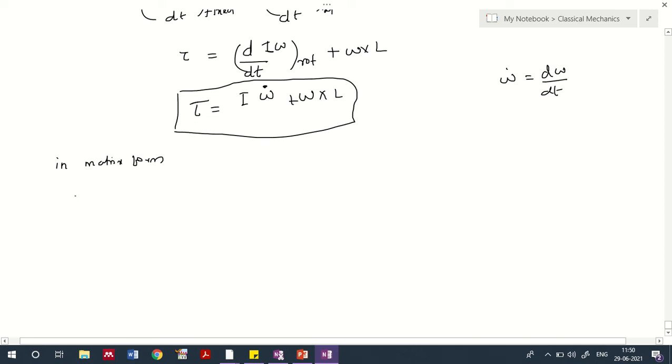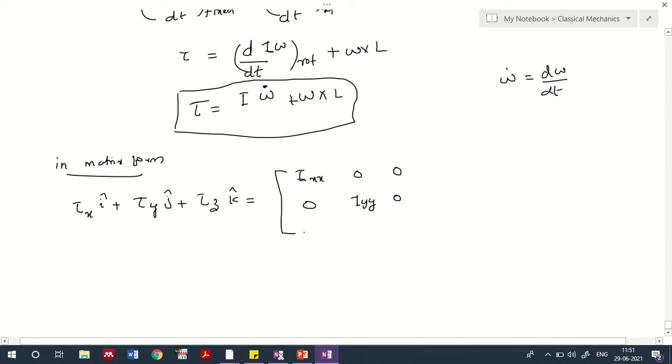So if I represent it in matrix form, then we have tau x i cap plus tau y j cap plus tau z k cap equal to, we know that I is the moment of inertia tensor, which I represent with off-diagonal elements kept as 0: Ixx 0 0, 0 Iyy 0, and 0 0 Izz.